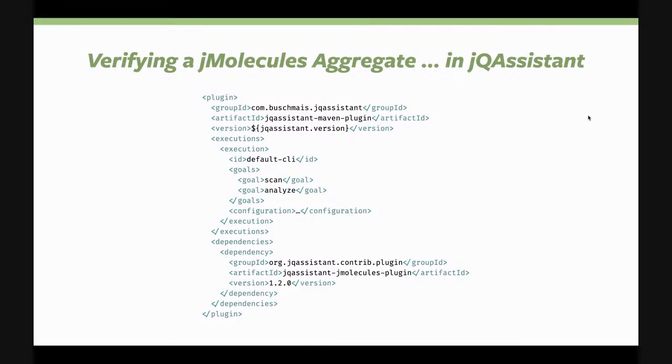If you're using that, you just add the jMolecules plugin in the dependencies section, run your jQAssistant report, and it would automatically find out that your Order refers to a Customer, and it actually shouldn't, but rather refer to a CustomerId. So you get all of this for free.